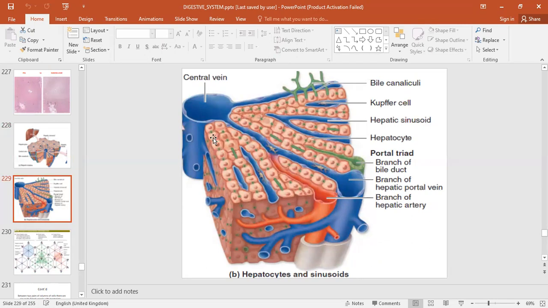So you find that most of these cells closer to the central vein are performing anaerobic respiration, whereas those in the middle and those closer to the portal artery, hepatic artery, are performing aerobic respiration because they have highest concentration of oxygen.